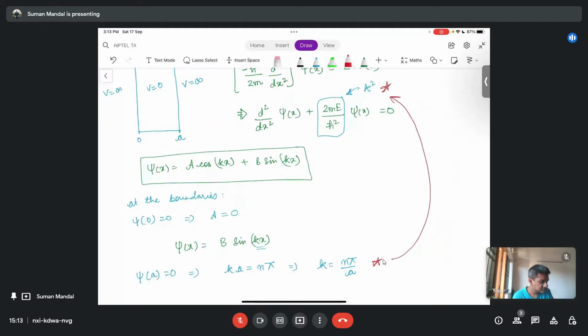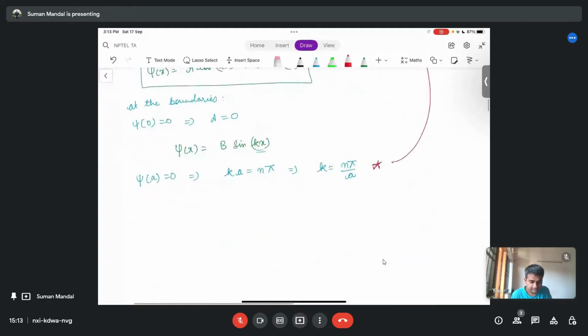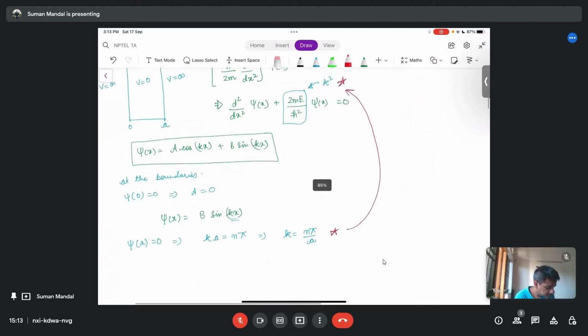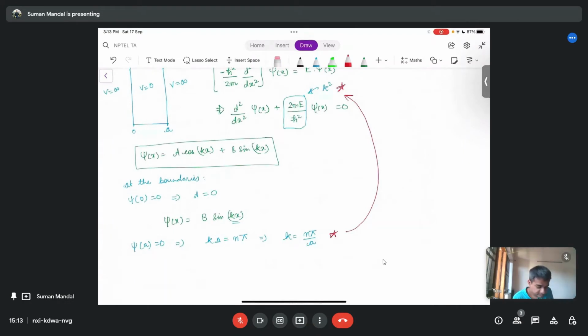And what we get is, if we put it here, what is the value? K of n, then n square pi square by a square is equal to 2mE by h cross square.